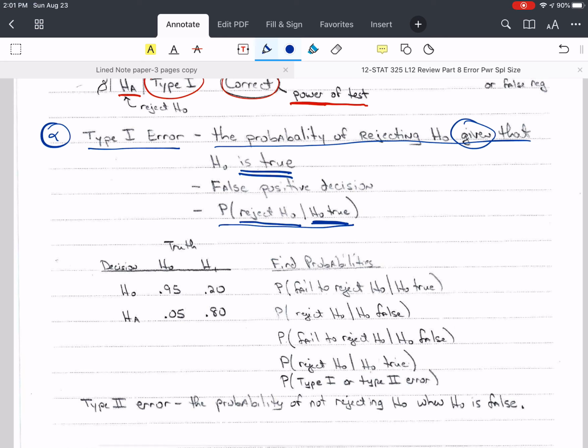Now, here we have a table, and I want to show you how it works. Here's our decision over here, and here's the truth over here. In this case, we say that H naught is actually true. When H naught is true, we can either fail to reject H naught or reject H naught. Notice that these add up to 1.